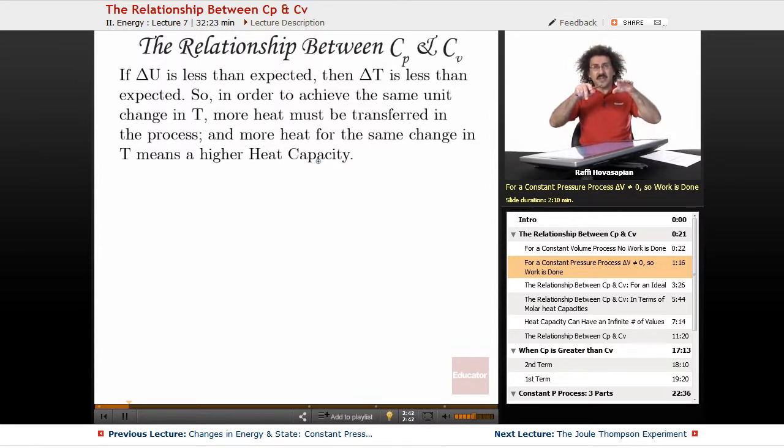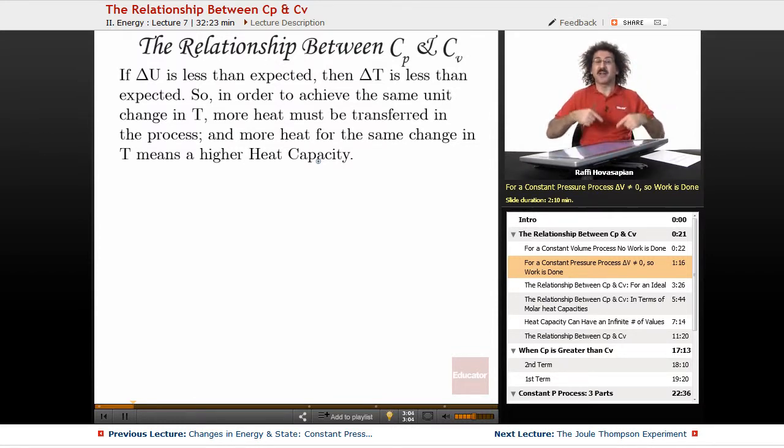In the constant volume case, a certain amount of heat is transferred and it's all energy. In a constant pressure process, a certain amount of heat is transferred, and some of it is used to expand the gas. So my energy is less, my temperature is less. In order to achieve the same change in temperature, I have to put more heat in.